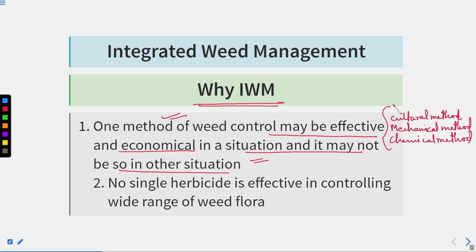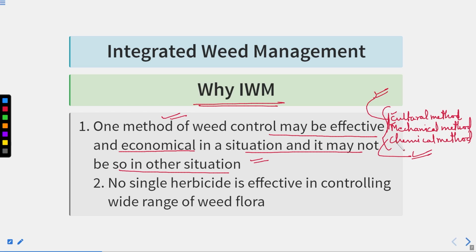Suppose the cultural method is applicable and good to control the weed in one situation, but in another situation the cultural and mechanical methods are not so effective, yet chemical is quite effective. So it depends upon the situation which method gives us great control over the weeds.